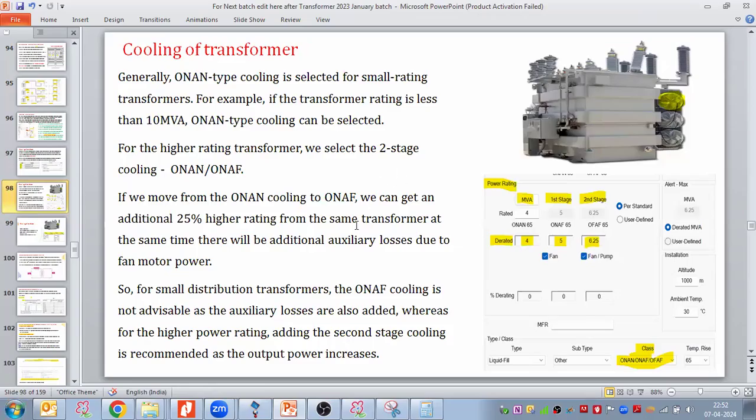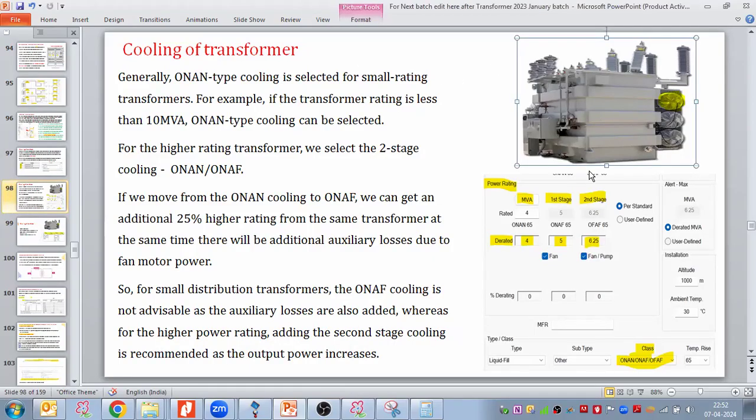Let us see which kind of cooling we should select. In the case of small transformers like 100 kVA, 200 kVA, ONAN type cooling is selected.